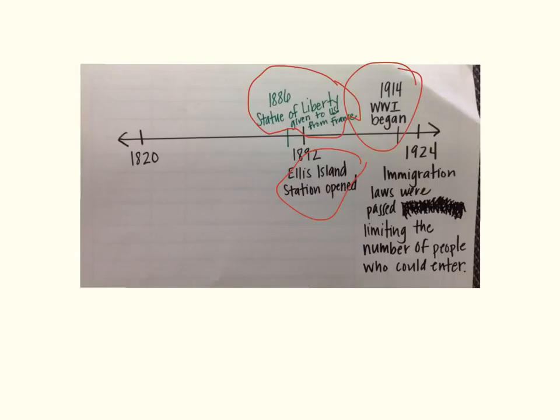Now, as I said, this is just the beginning of a timeline, so some other dates that I'm going to add to my timeline are when Castle Garden opened and closed, when the Irish immigrants came to the U.S., and when German immigrants came to the U.S. As I read, I'm going to look for that information so I can add it to my timeline. Also, if I come across any other dates that I think are important, I'm going to add those to my timeline.